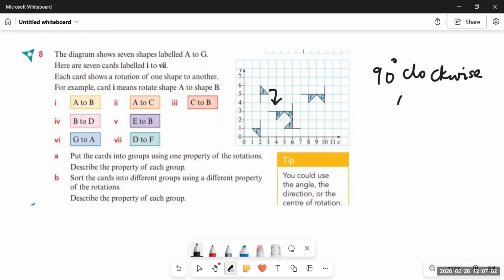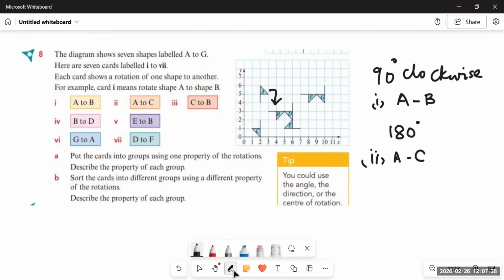And if we talk about A to C, so A to C is 180 degrees, right? So the second group would be for 180 degree. And in this group, we will write A to C.